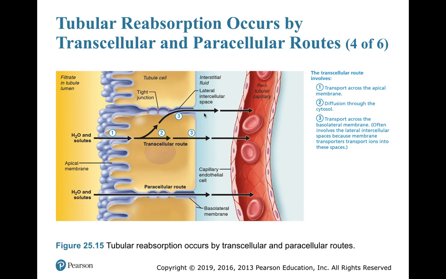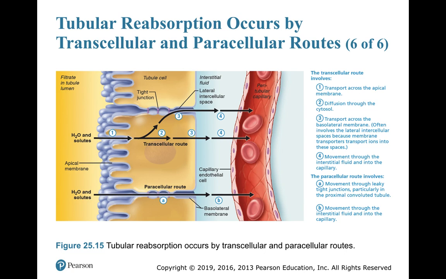So ions out here on the other side of the tight junctions. And then the movement from the interstitial fluid into the capillary. On the paracellular side, we would sneak between the cells and move to the capillaries.